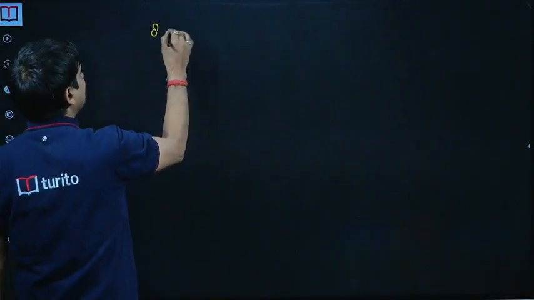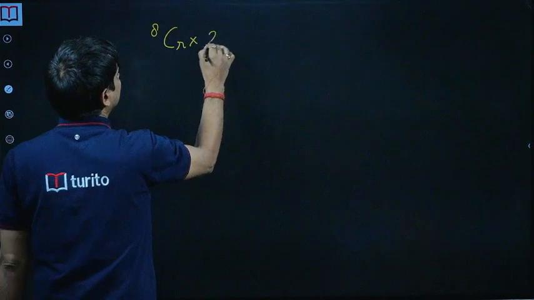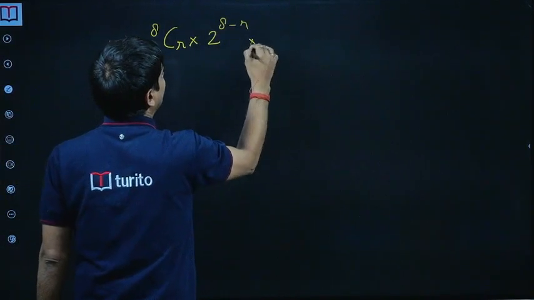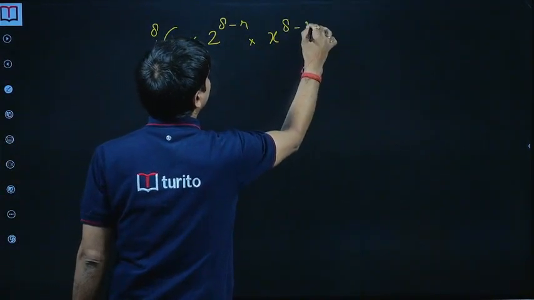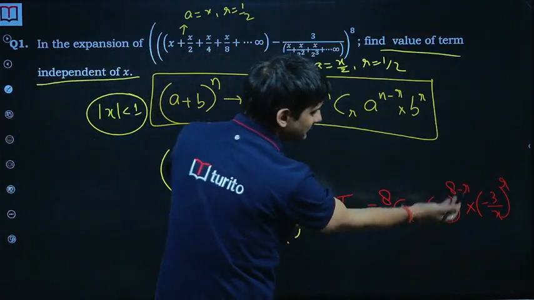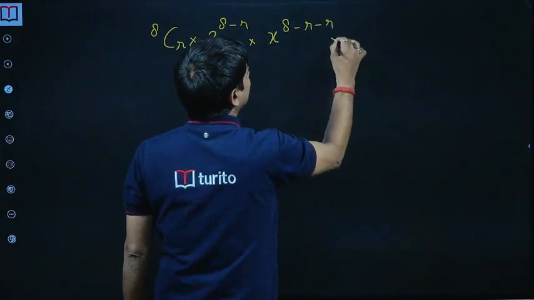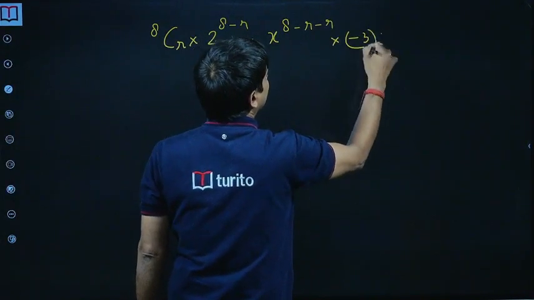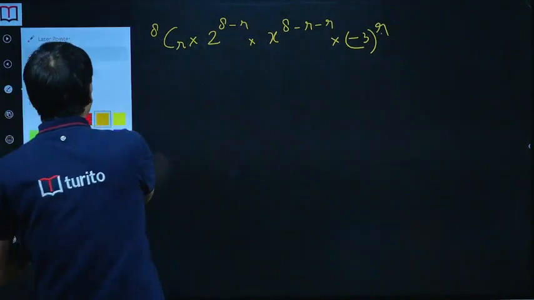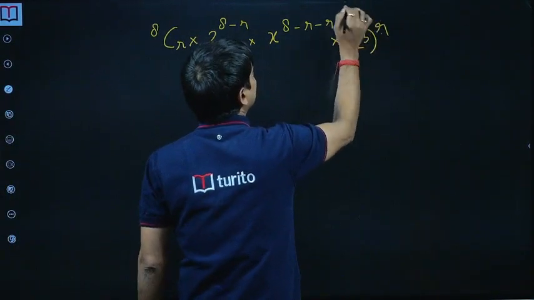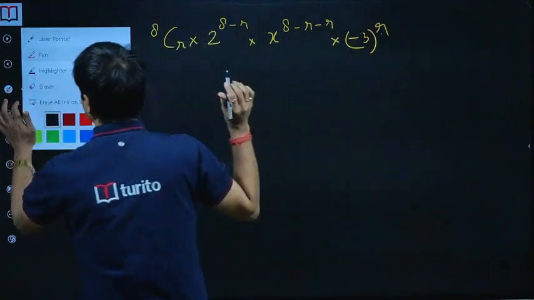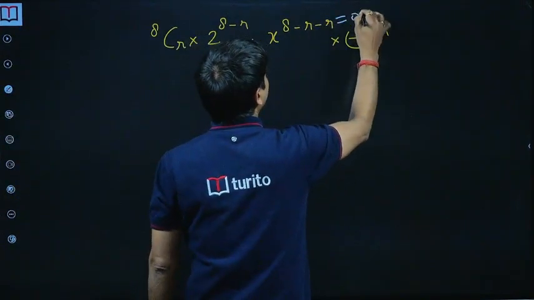So it's 8Cr into 2 raised to the power 8 minus r into x raised to the power 8 minus r, and then it goes to the numerator with x raised to the power minus r, so minus r, into minus 3 raised to the power r. Which power of x do we need? We need the power of x which is 0 here.